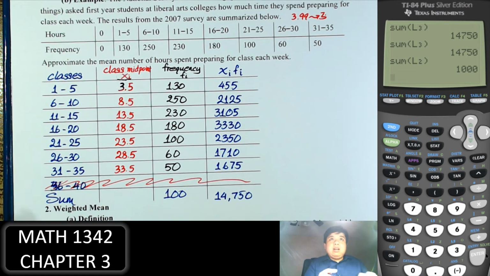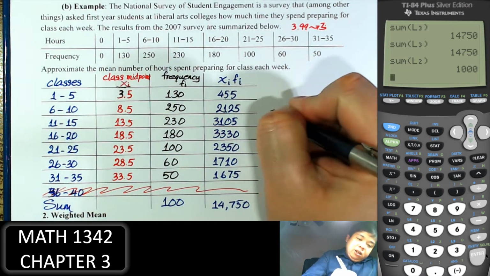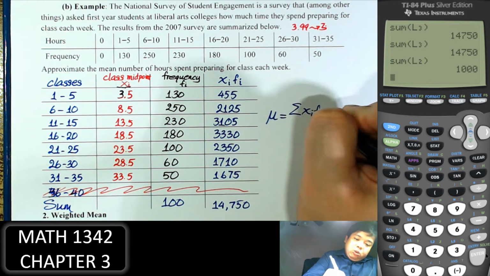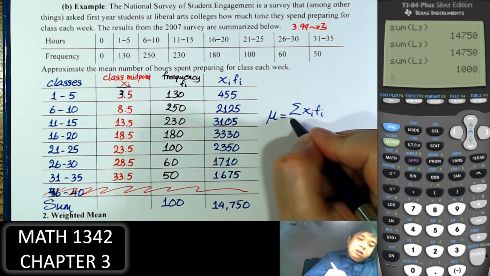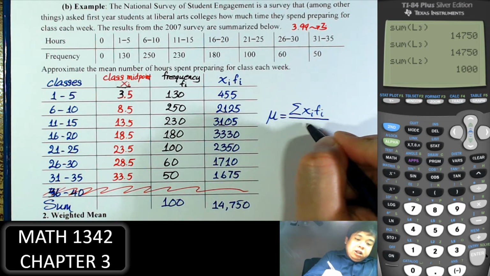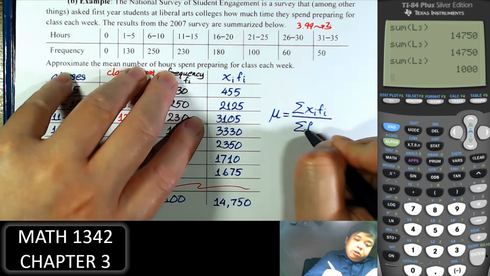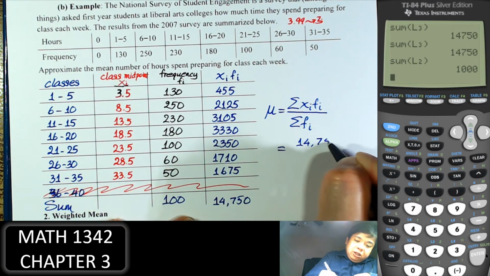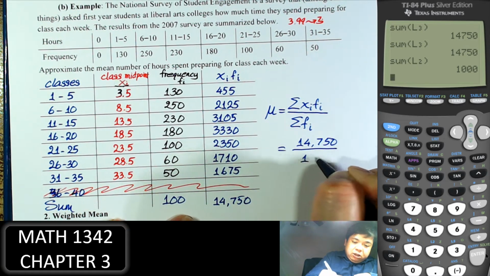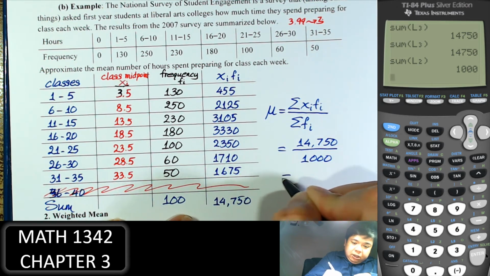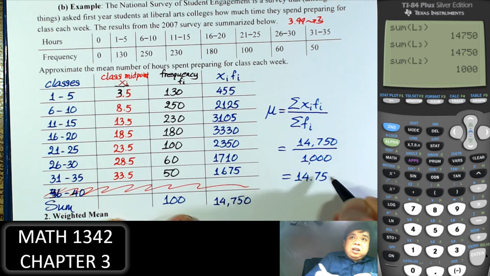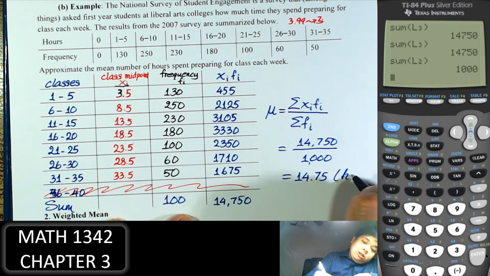And we divide this. The mean is the sum of all the xi, fi, divided by the sum of all the frequency. So 14,750 divided by 1,000 gives us 14.75. And this should be in hours.